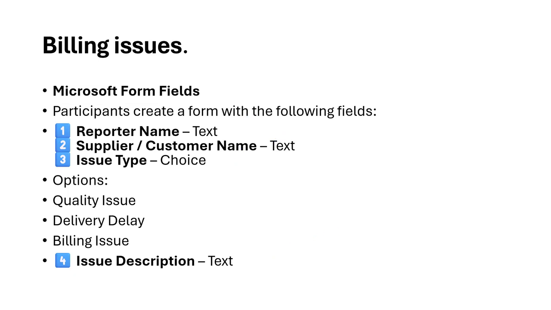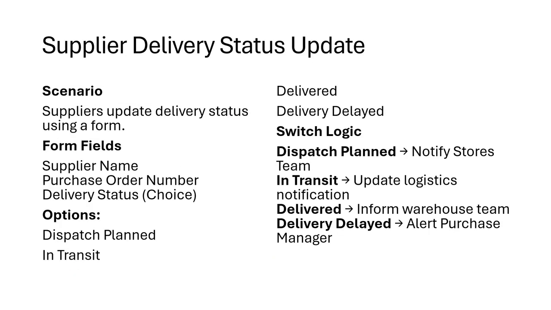After creating the 4 fields, based on that, you are going to create a flow. So what is the flow you are going to do? If there is a problem in the dispatch, then you have to send a notification to your stores team.